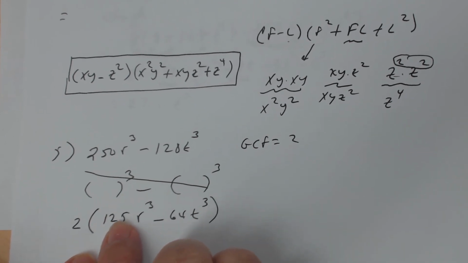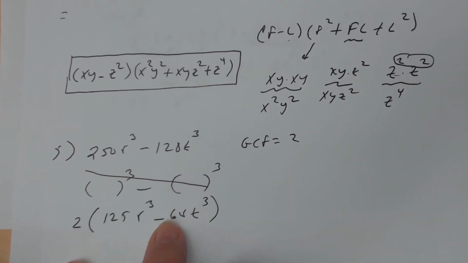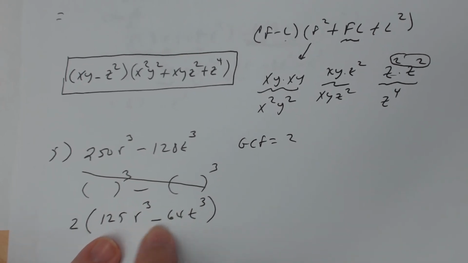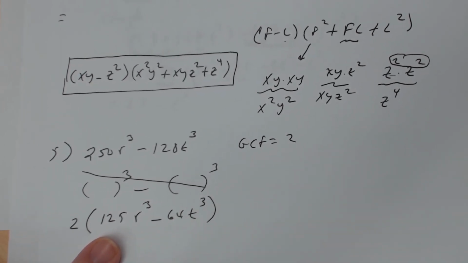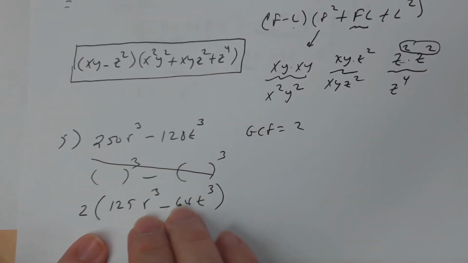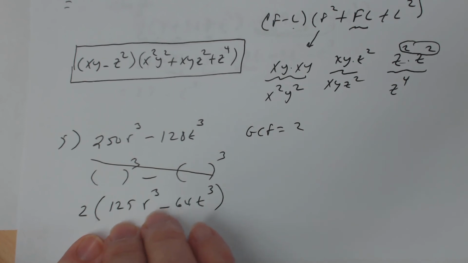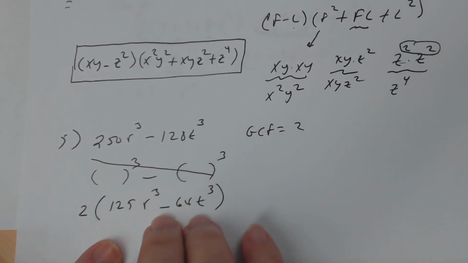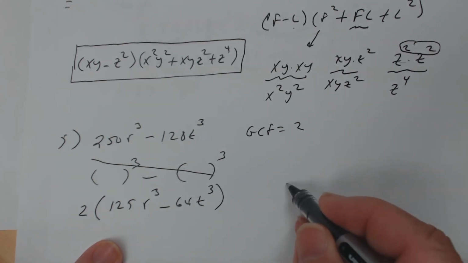So 2 times 125 is 250, and then 2 times 64 is a negative 128. And there's nothing else I can factor out, so the GCF was 2. All right. But look at this, just like we talked about before, you can't say that's the answer because you need to check and see if this factor, this binomial, can be factored further.